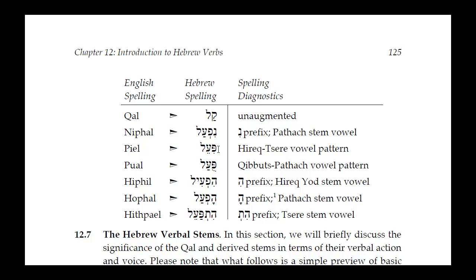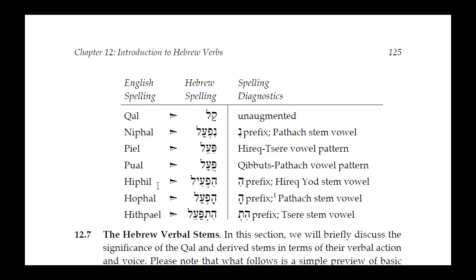Those are the diagnostic indicators of the Piel perfect stem vowel: the hireq and the tsere. We have the Pual. Again, we have the root here, but we have the qibbuts and the patach vowel pattern here. That tells us that this is a Pual stem, third masculine singular.